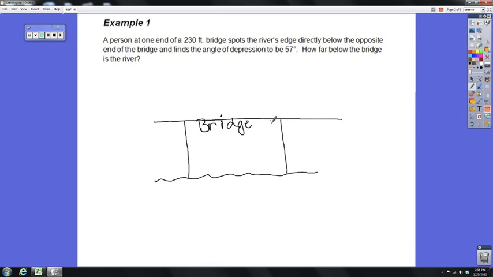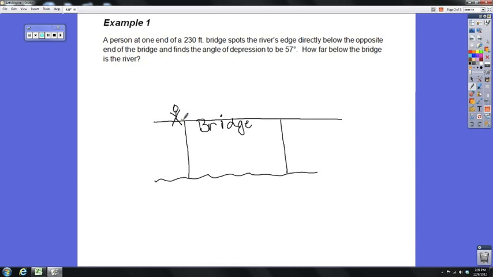I know a lot of you can draw a whole lot better than this. I am not artistic at all. So there's our bridge, and we have our person right here. And this is the opposite side.